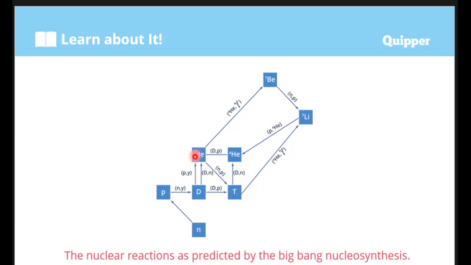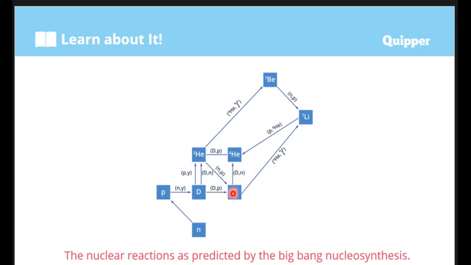So when this helium 3 is added by a proton, it forms a helium 4. But when the helium 3 is added with another neutron, it forms a tritium. And when this tritium is added by a proton, it forms a helium 4.